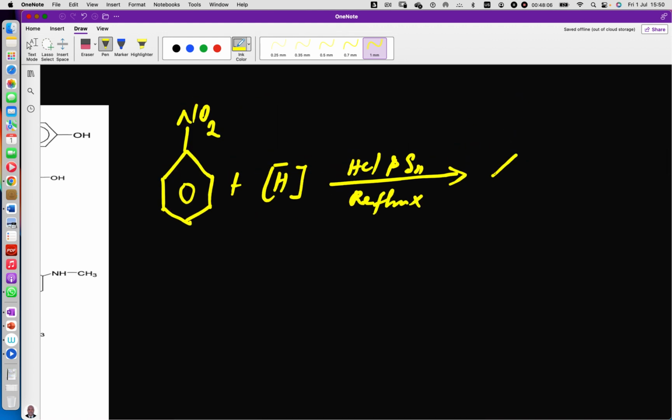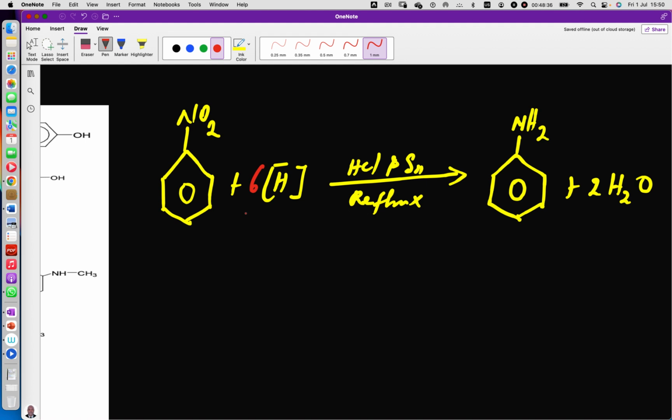It is the phenylamine that you will get, plus 2 molecules of water. And if we do that, we are going to add a 6 to balance it.